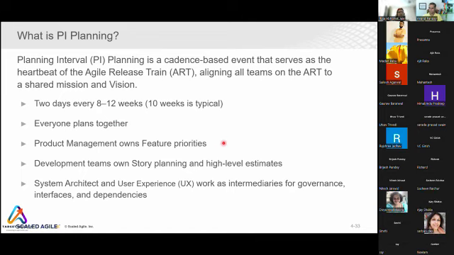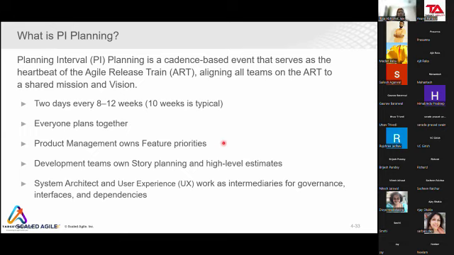You know that the Scrum Master, Product Owner, and Development team are there in the Scrum framework. When we go one level up to the Product Owner level, there is product management. Product management is a group of people who actually own the feature priorities in the PI planning. That is one level up from the product owner. There comes the product management who owns the feature priorities: which feature has to be done first, which feature has to be done later.